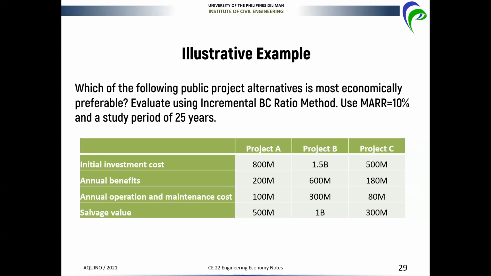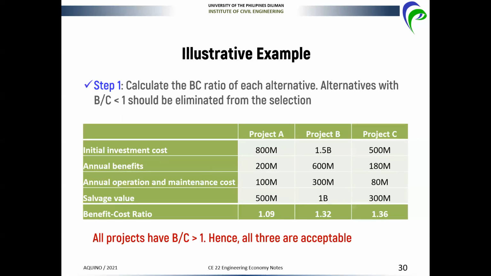Very good. I'm glad you are following our CE22 lessons. Now, our first step is again to check whether or not they're all eligible for comparison. So all of them, project A, project B, project C, have a benefit cost ratio greater than 1, and therefore they're all acceptable. So we should not eliminate them. All of them are in contention.